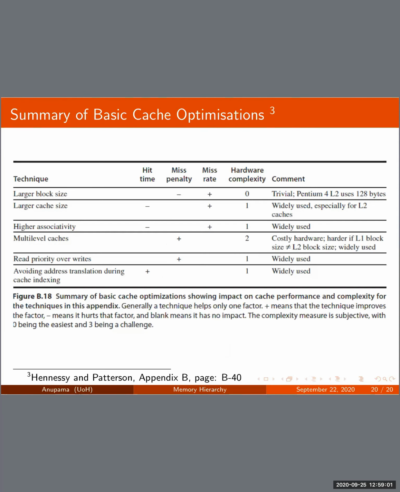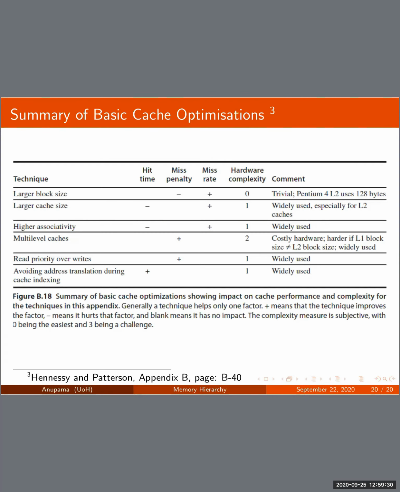So in summary, right, of the basic cache optimizations, this is picked up from the Hennessy and Patterson book. Large block size reduces miss rate, but increases miss penalty. Okay, it has no real effect on hit time. Large cache size increases hit time and reduces miss rate.